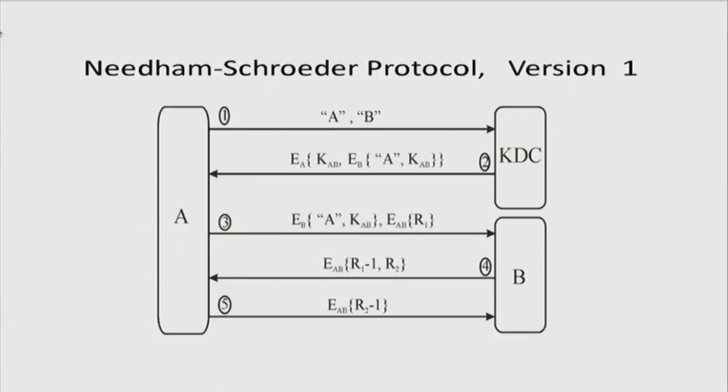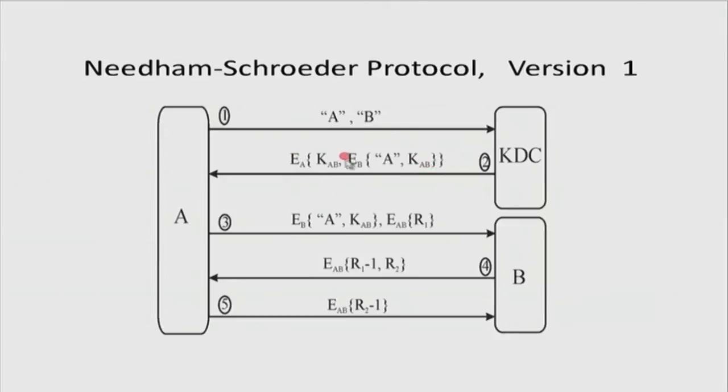So once again, this is what it looks like. I am A, I want to talk to B. Give me a session key for myself and for the other party. So this guy retrieves A's long-term secret from his database and B's long-term secret, that is basically their passwords, or a function of their passwords. And from that, he creates this message.